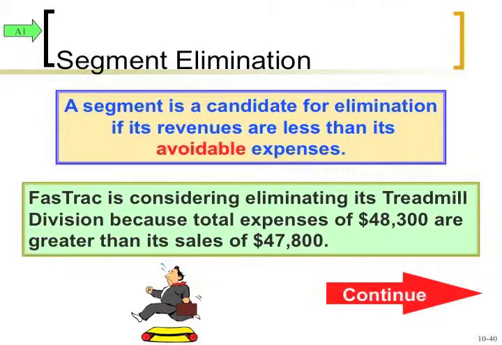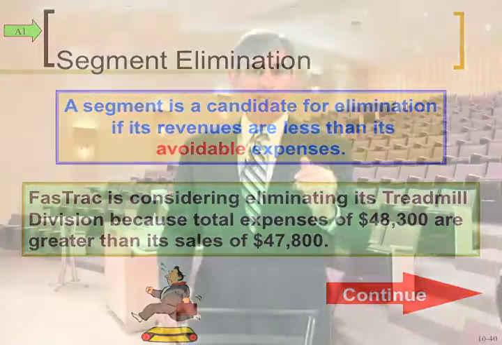We want to compare that to only those expenses that we can get rid of by closing down the segment or the product. In other words, if we can't save more costs than we get rid of in revenue, then it's not worth making the change.